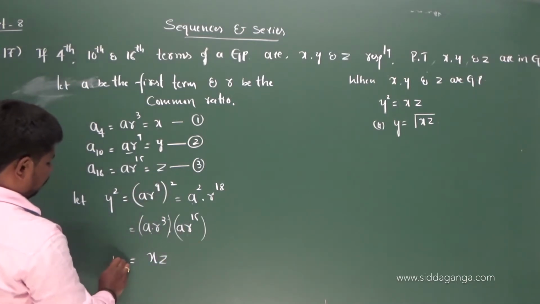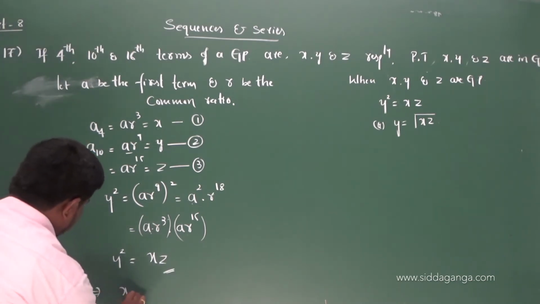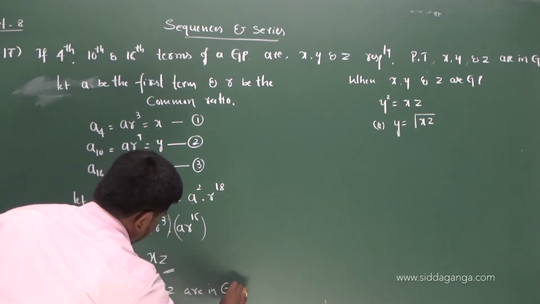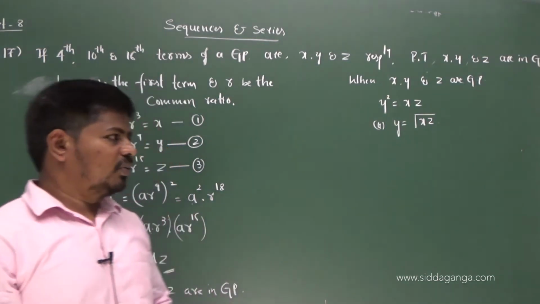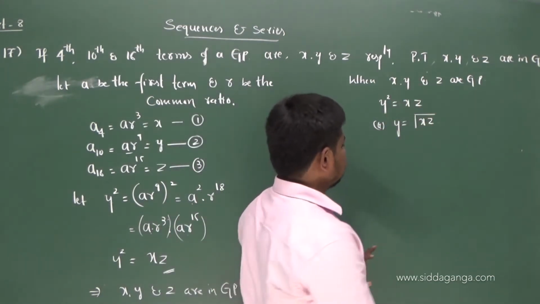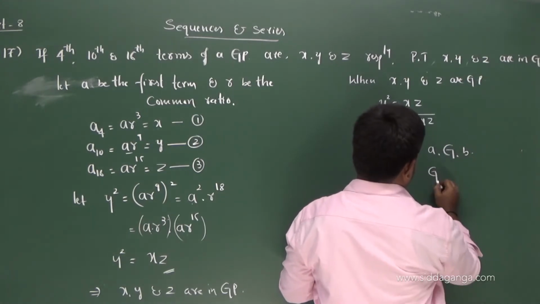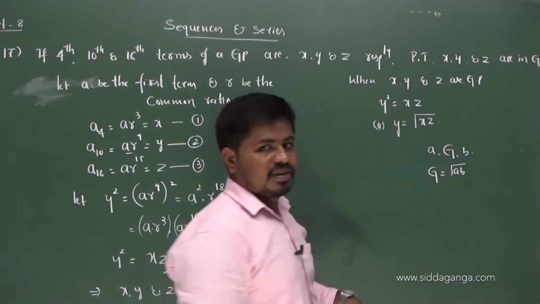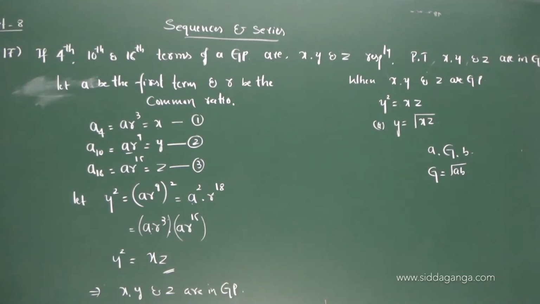So we have proved y square is equal to xz, and this implies x, y and z are in GP. Simple one, it's very simple, students. We know the condition that whenever three numbers a, g and b are in GP, then g is the geometric mean, given by root of AB, or g square is equal to AB. By using this condition, we can prove this. So this is about question number 17.